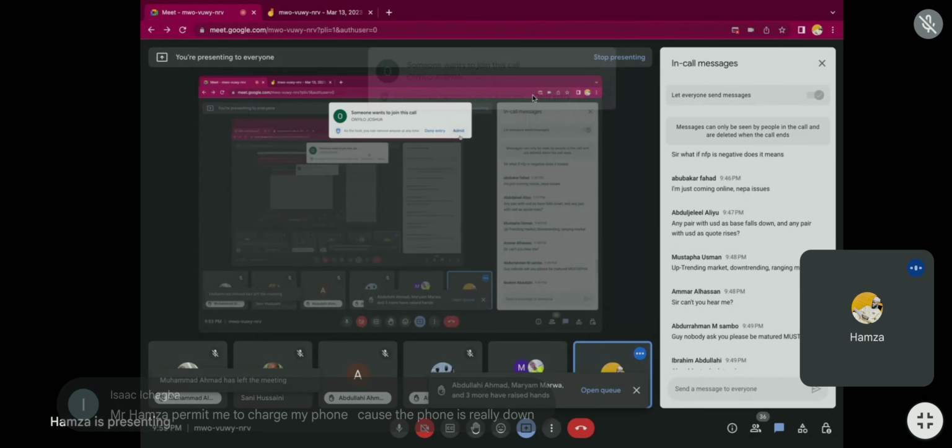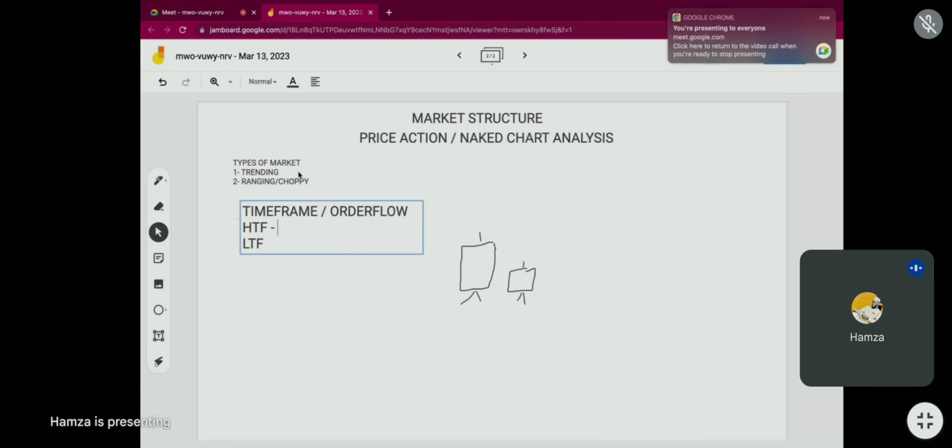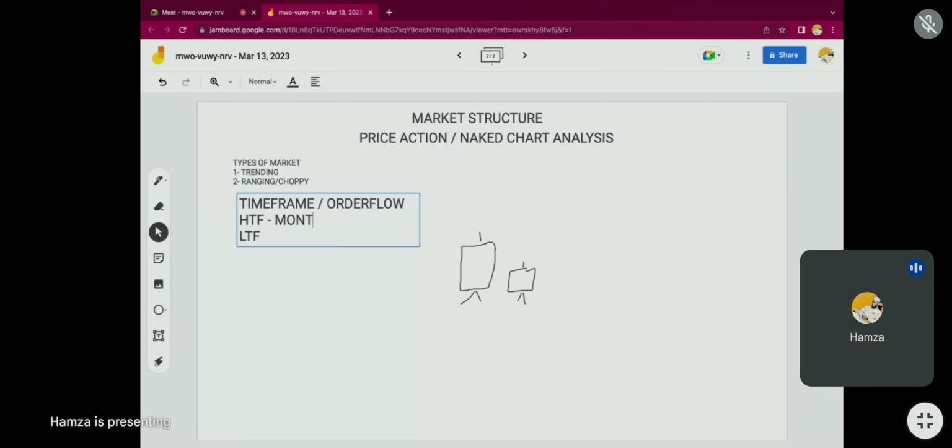I think that would give you a better edge. The high time frame could start from the monthly, weekly, daily.